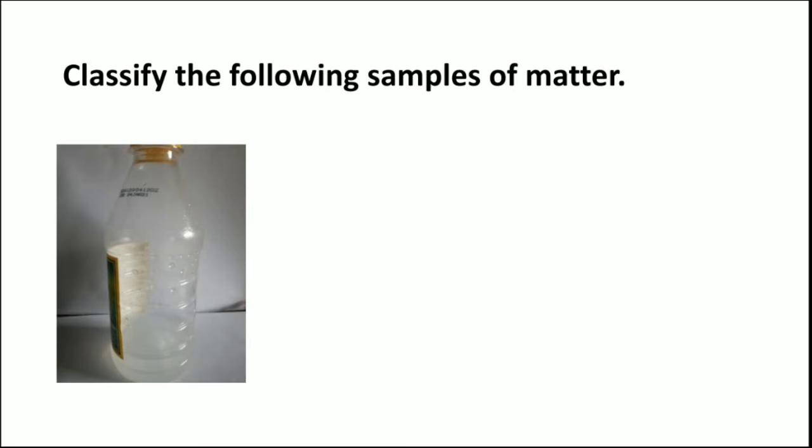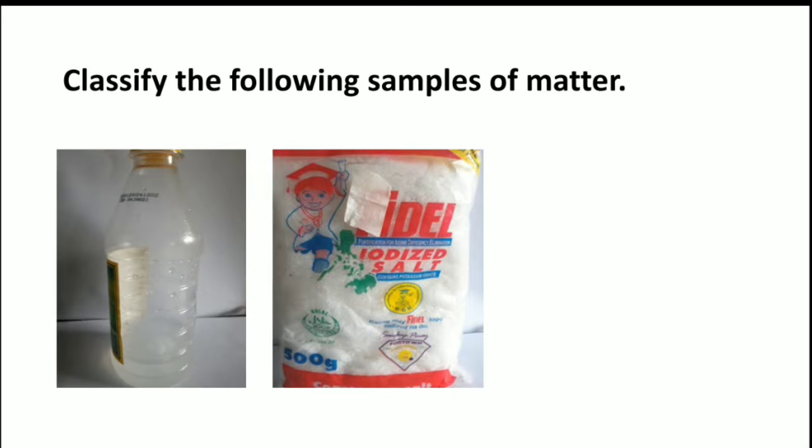Let's classify the following samples of matter. So this time as pure substance or mixture. Vinegar, having combined ingredients in addition to acetic acid, is classified as a mixture. Another is salt. Salt is NaCl.